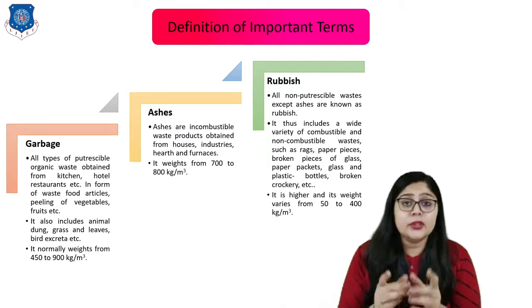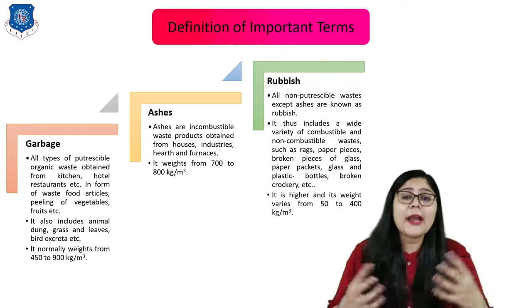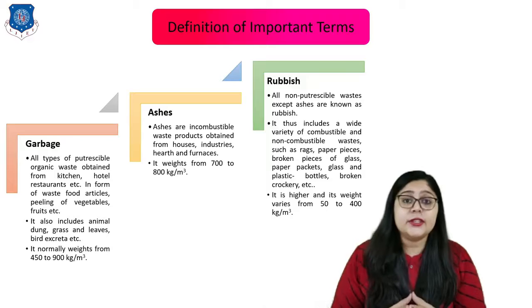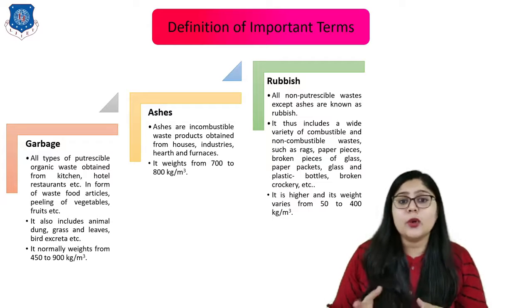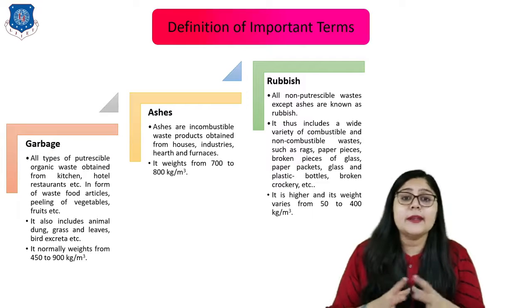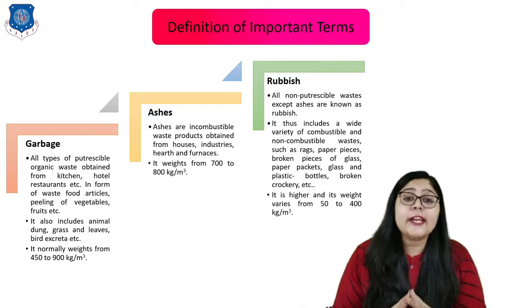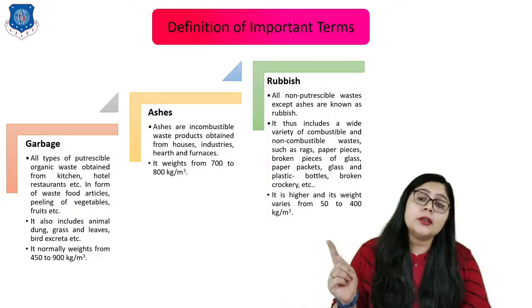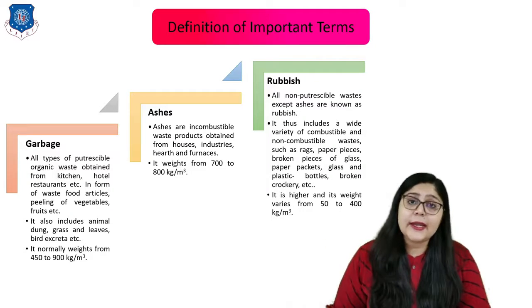It includes a wide variety of combustible and non-combustible wastes such as rags, paper pieces, broken pieces of glass, paper packets, etc. Its weight varies from 50 to 400 kg per cubic meter. These three terms are very important.